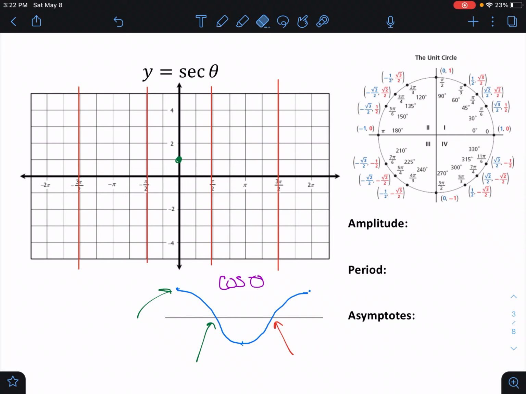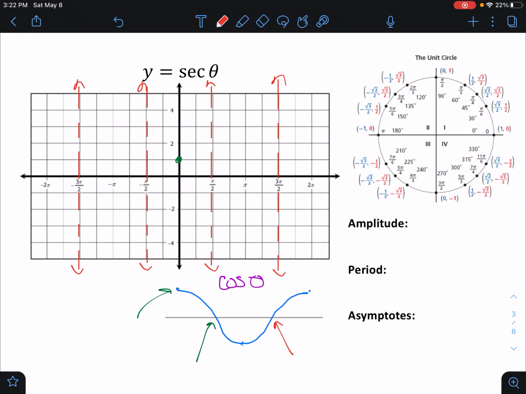All right, so there's my asymptotes. Now this one is going to look very similar, just a little bit differently placed.